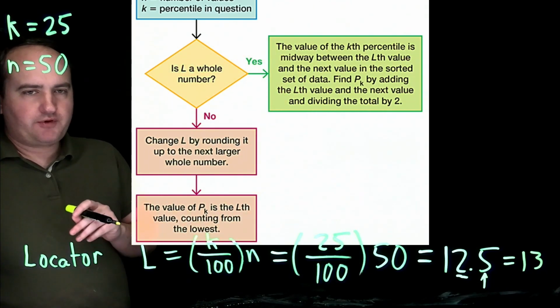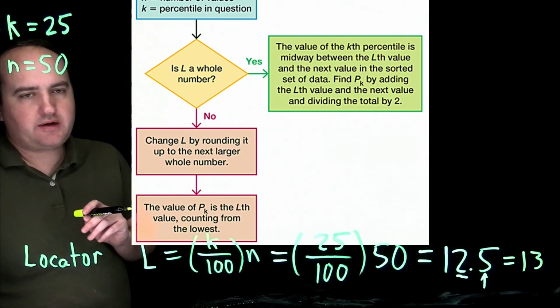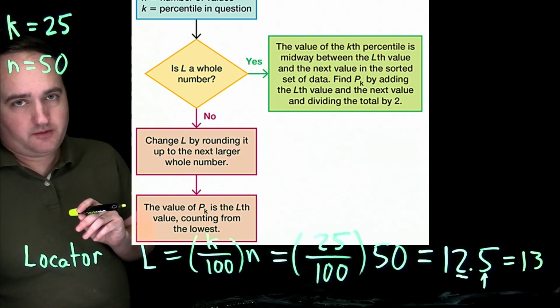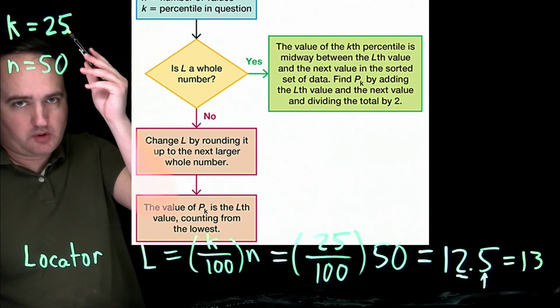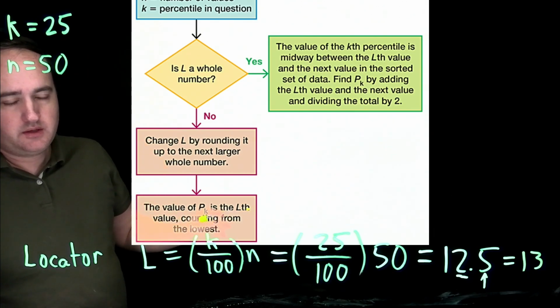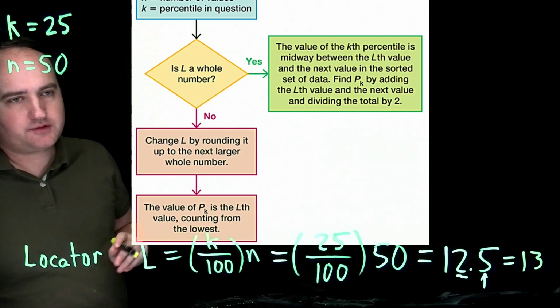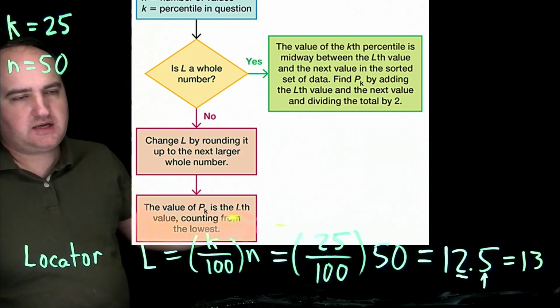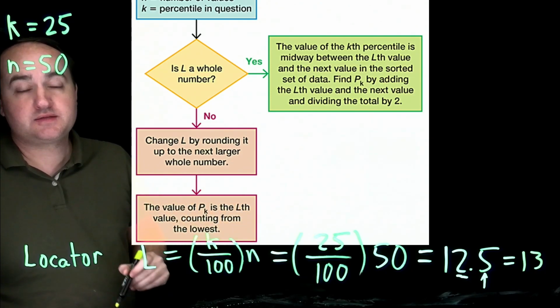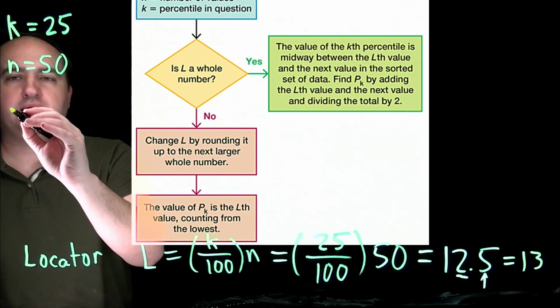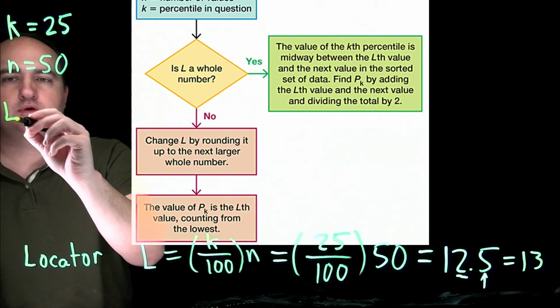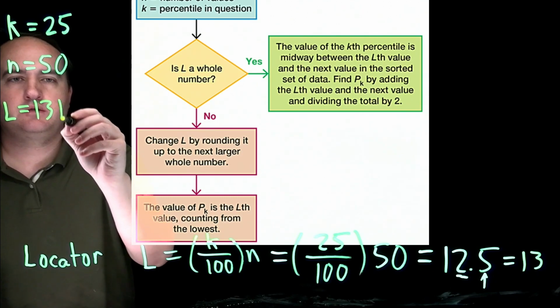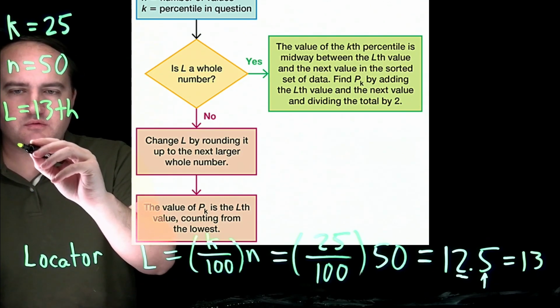Following the flowchart, the value of the kth percentile, or here the 25th percentile, is just going to be the Lth value. Because we got 13, that's going to be the 13th value.